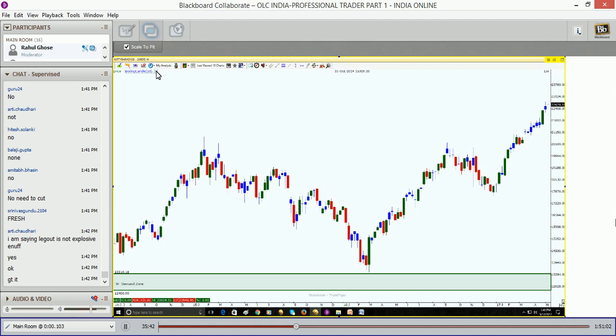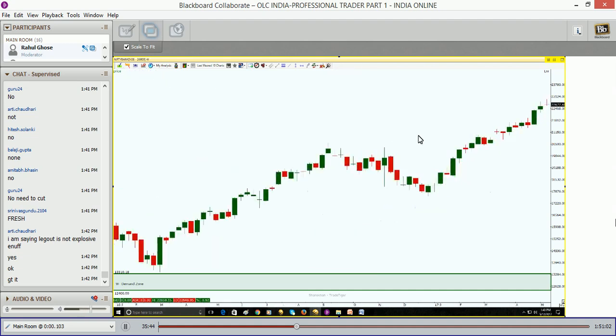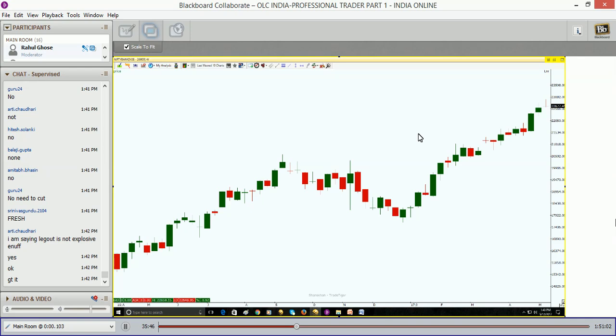Now I want to mark a demand zone on the Nifty weekly chart, friends. I want to mark a zone on the Nifty weekly chart. Now where can you find a big move in price, guys? Where can you all find a big move in price?